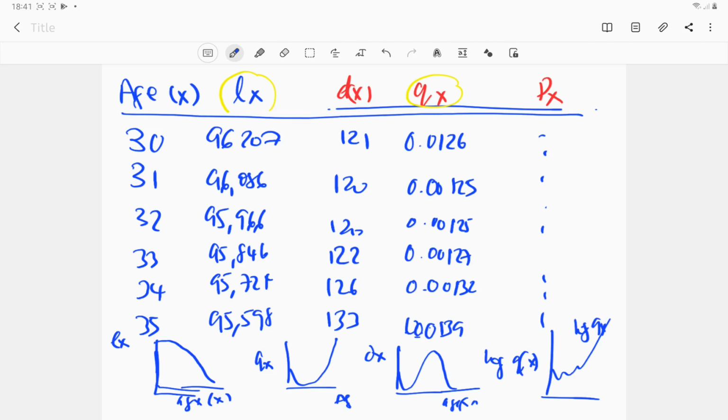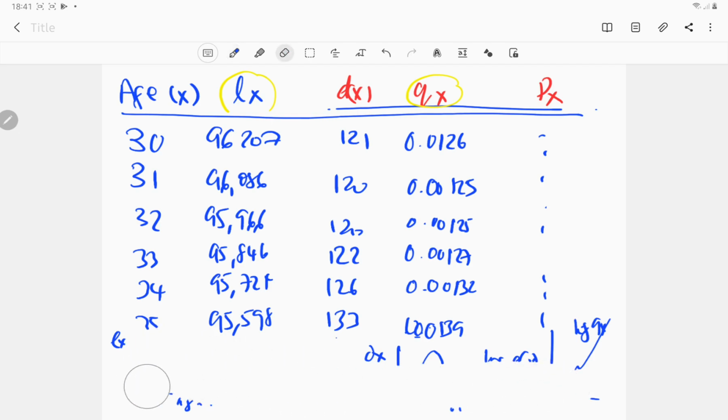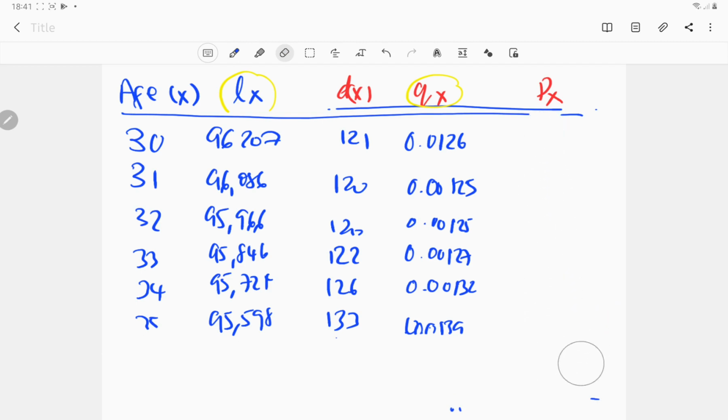Now I want us to think of a situation. Since I don't have enough space, I will still be labeling at the bottom and then determine the values.